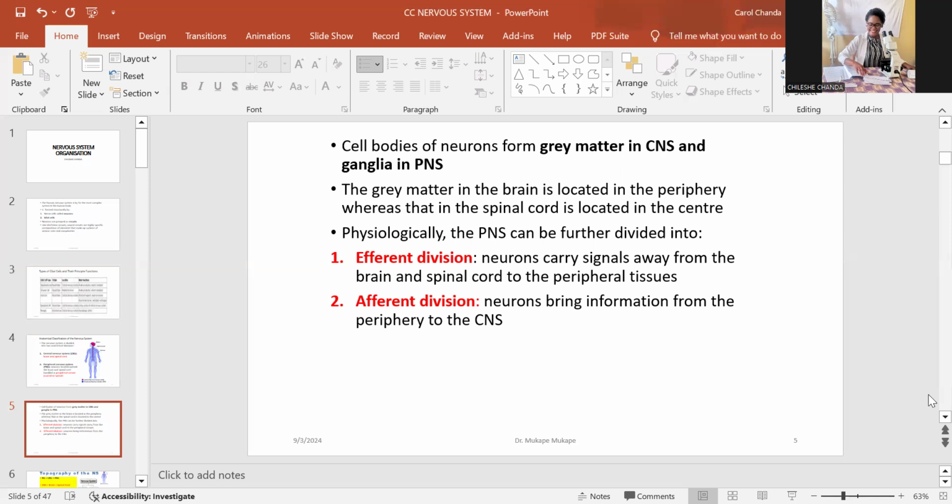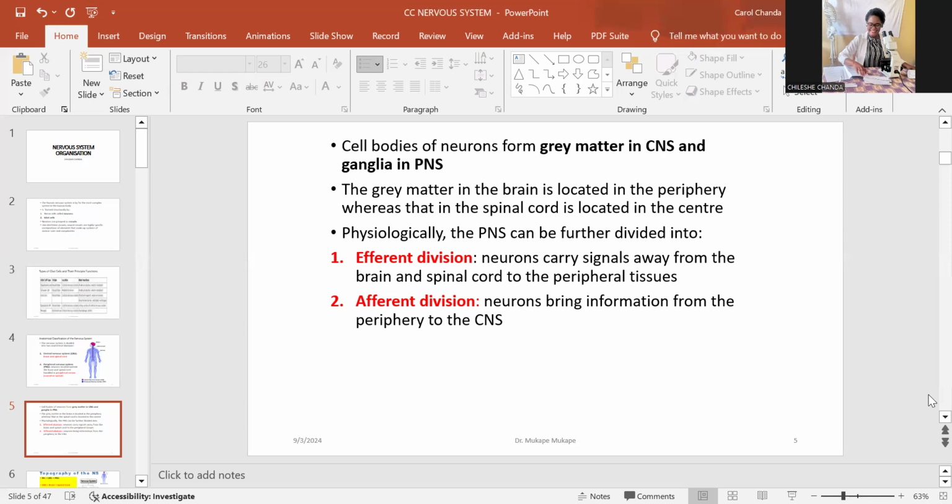The afferent division consists of neurons which bring information from the periphery to the central nervous system. These, therefore, should be the sensory neurons. These neurons are the ones that bring sensation, whatever it is that you have felt as a person, whether it is heat, you have touched something hot, or someone is touching you, or you have pricked yourself.